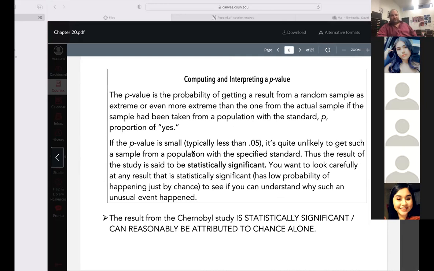Okay, so the p-value is the probability of getting a result from a random sample as extreme or even more extreme than the one from the actual sample. If the p-value is small, typically less than 5%, it's quite unlikely to get such a sample. Thus, the result of the study is said to be statistically significant.